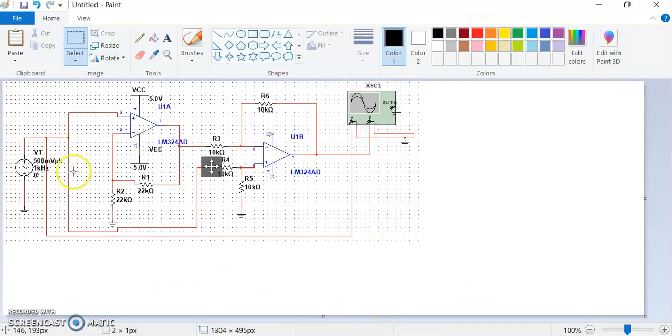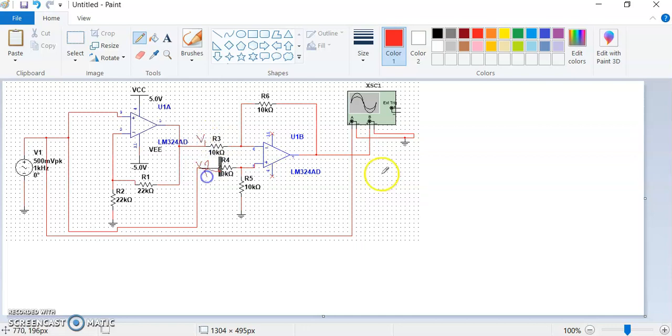Okay, look here. This is our circuit. Here I have applied V1 and this one is V2.